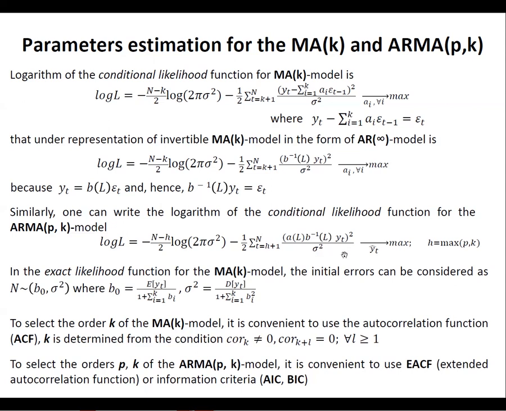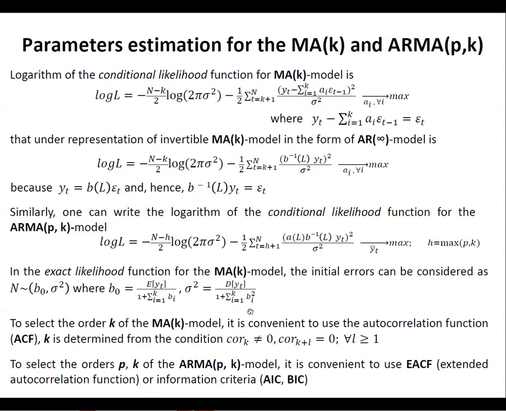Something like this. You can set the initial errors for the exact likelihood function, and sigma. The R program does this transformation through a polynomial of the shift operator automatically and finds the parameters of the moving average model and the ARMA models itself.